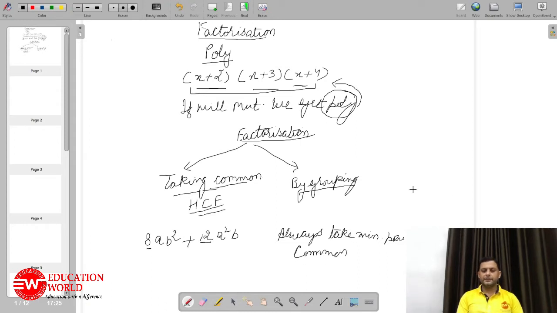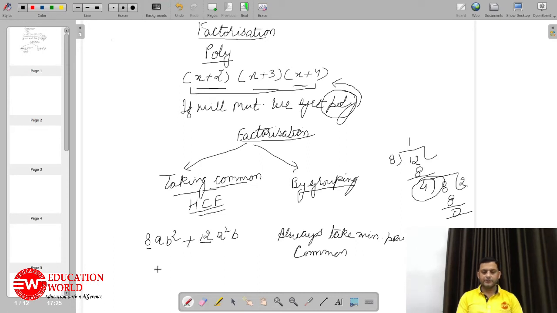For 8 and 12 you can use any method for finding the HCF, like the division method. I am just giving the example so that there will be no confusion for you. The last term we got is called the HCF.